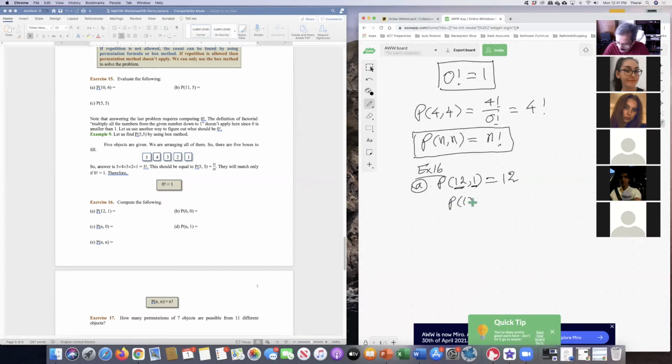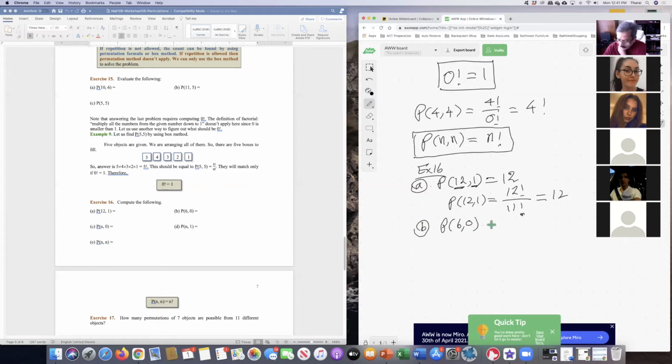P12,1 by the formula is factorial 12 divided by factorial 12 minus 1, which is 11, and factorial 12 over factorial 11 is equal to 12, right? Everything that comes after 12 will cancel out with the factorial 11. So verified.